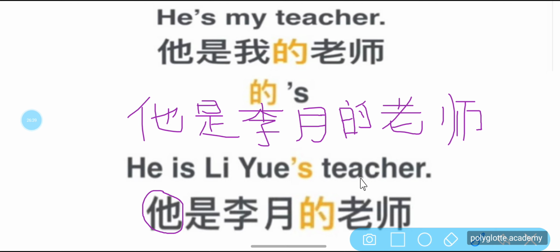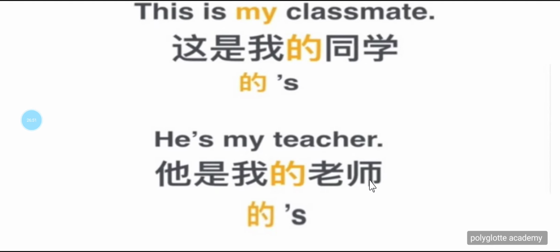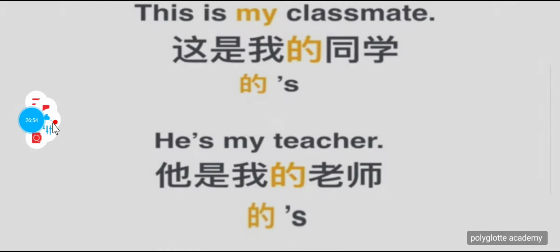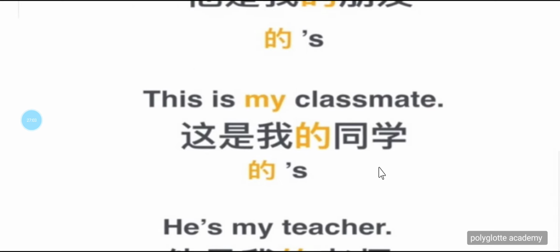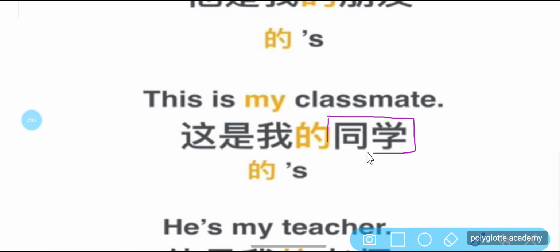He is 李月's teacher. 他是李月的老师. 好，继续，很好。So we have seen the grammar point 的, which is like adding an apostrophe s. And we have seen words that we need to recall, like 同学, which is classmate. 同 is somebody you studied together, a studying partner.